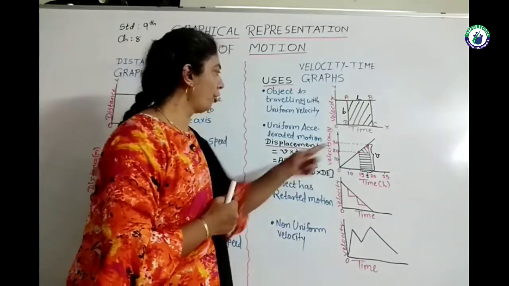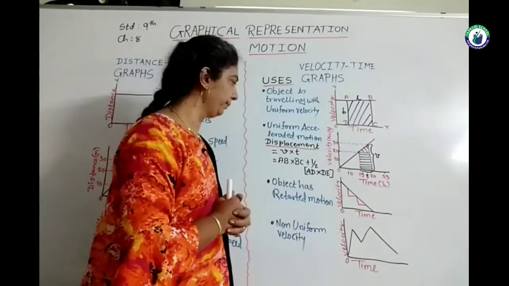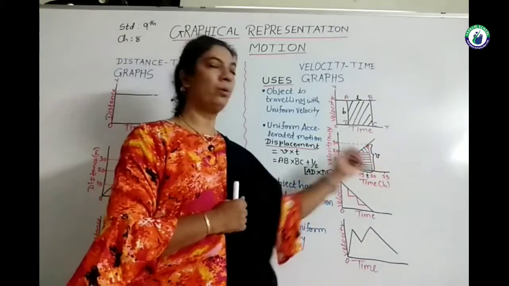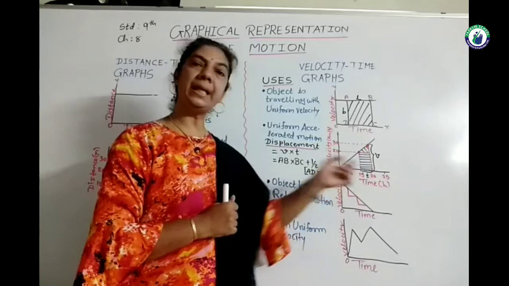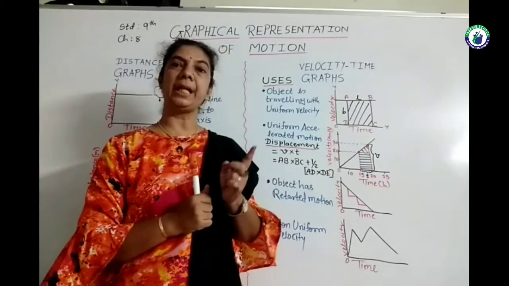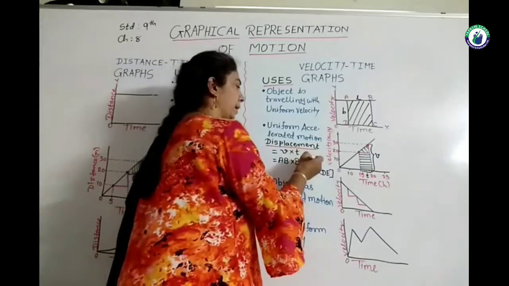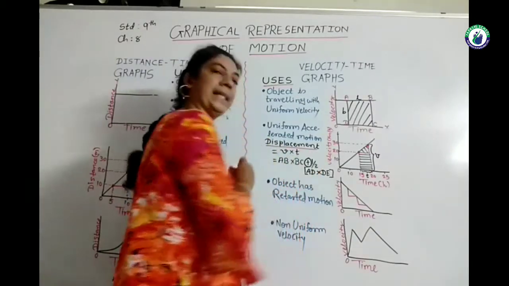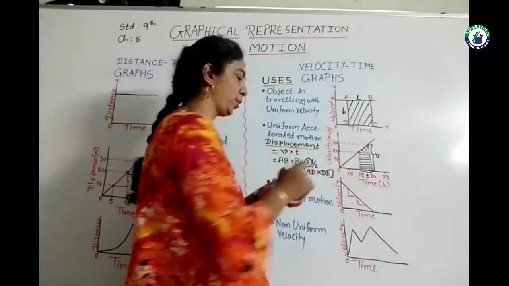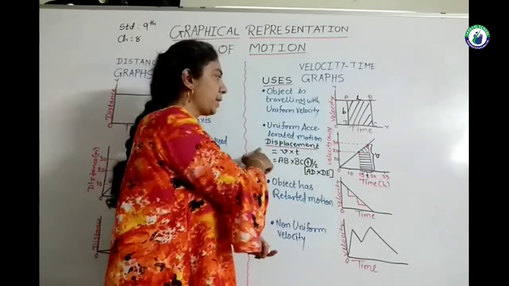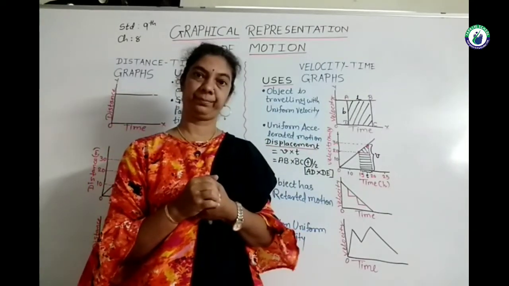And for the triangle, 1/2 comes as it is in the formula, base into height. So AD into DE gives us the area of the triangle, and addition. Remember that the sign of addition is there. So the addition of these two shapes will give us the displacement travelled by the object.